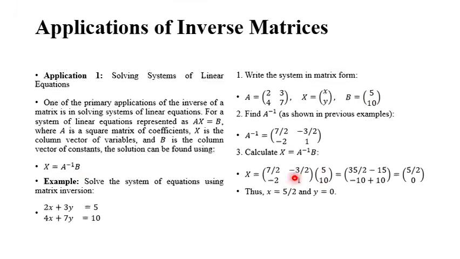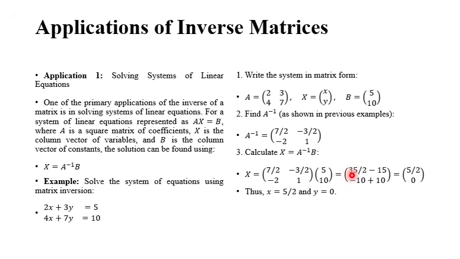So you perform the multiplication: this multiplied by this, and this multiplied by this, and you simply add them up. That means 7 over 2 times 5 gives you 35 over 2. Then minus 3 over 2 times 10 gives you minus 15.